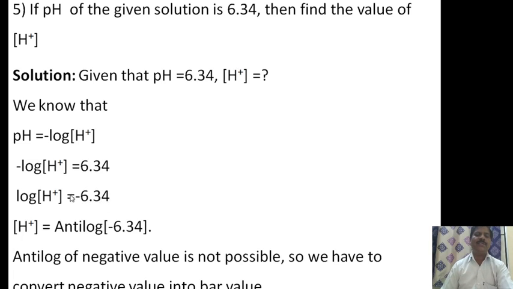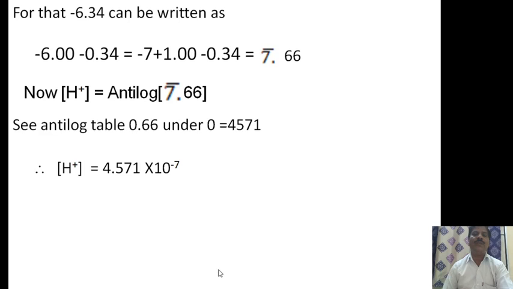Then you have to transfer this log into antilog. But here the value is negative, and a negative value should be converted into a bar value. The antilog of a negative value is not possible, so we have to convert the negative value into a bar value. For that we can write minus 6.00 minus 0.34.